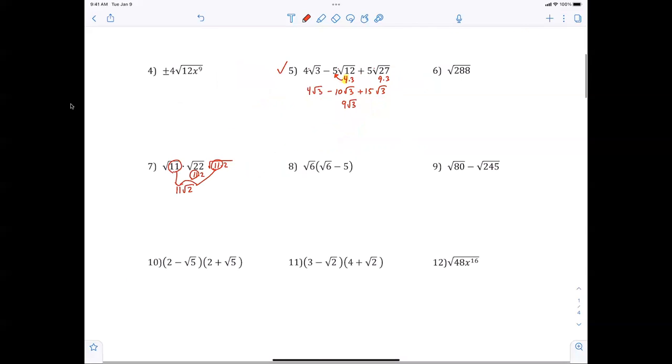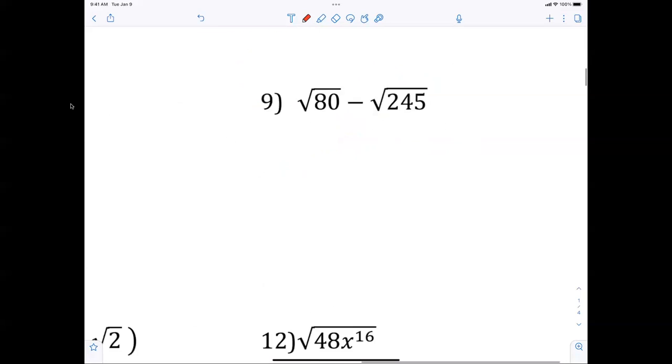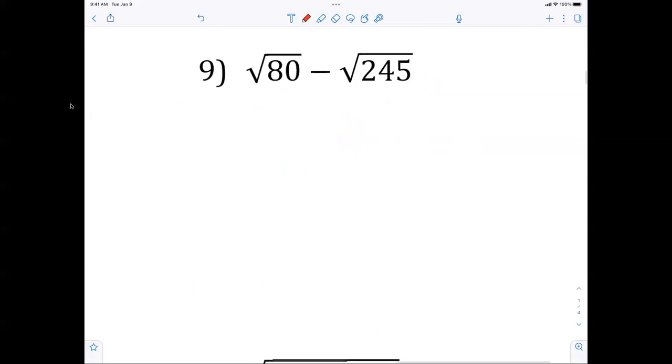Now for question number 9. Again, you're just breaking it down. How many times have we done 80? A bunch. Everybody should know 80 is what? Yes. We've done it enough, I know it's 4 radical 5. Now, because there's a 5 here, there's probably a what over here? 5.